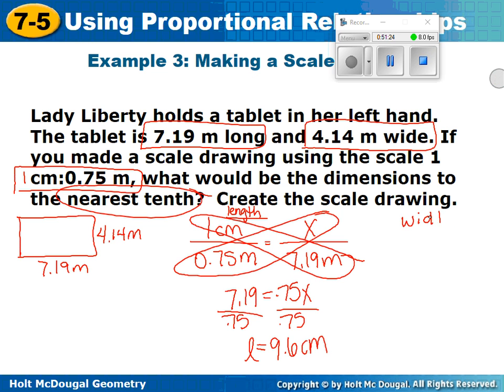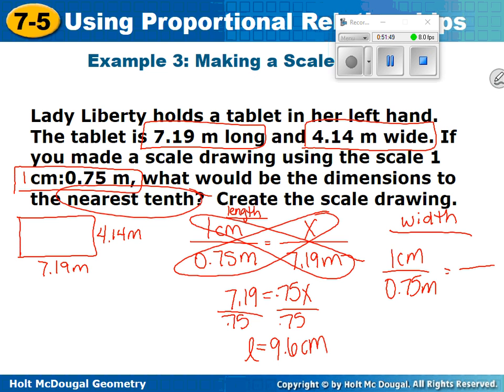Same process. Start with your scale. Your scale was 1 centimeter to 0.75 meters. And then set it equal to your dimension and put a variable for the one you're looking for. So what's the actual width of the tablet? And so where do we want that to go in our fraction?